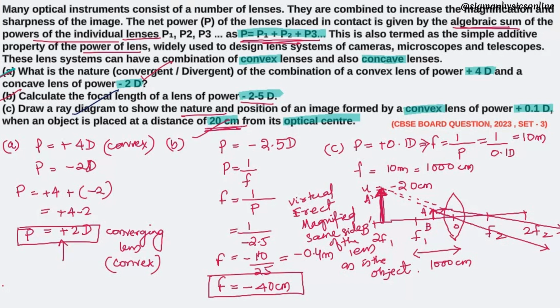So the nature and position of the image we found out, and if we want to find out the image distance, we'll apply the lens formula and find out. But here it's asked to draw the ray diagram to show the nature and position, so we are drawing only the ray diagram for it. I hope you have understood this question.